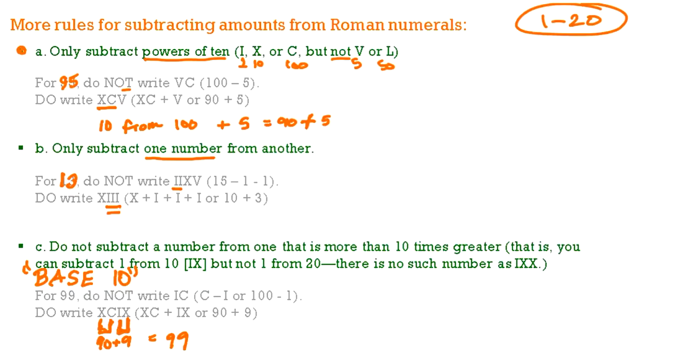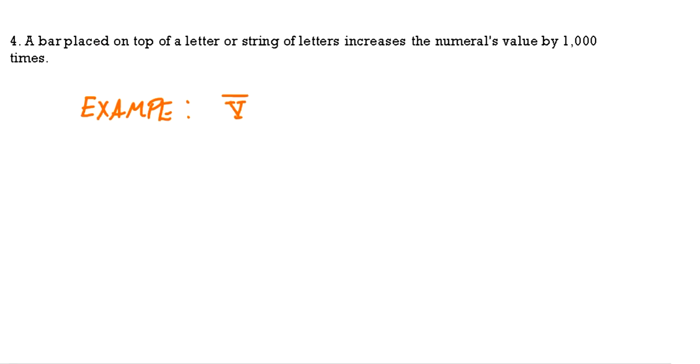All right? A bar placed on top of a letter or string of letters increases whatever that numeral's value is by 1,000 times. So let's take a look. Right here, without the bar, we have 5. This is 5. With a bar on top, this will be what?